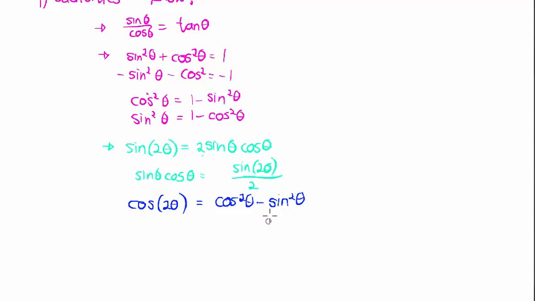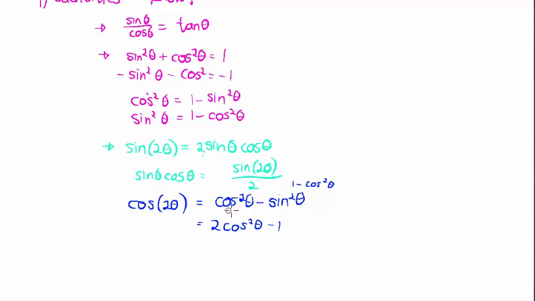But remember that we can replace sine squared with 1 minus cos squared theta. Then notice what this becomes. Now there is a minus, so this negative makes that minus 1, and this negative makes that a positive cos squared. So it's cos squared plus cos squared, which is the same as 2 cos squared theta minus 1.